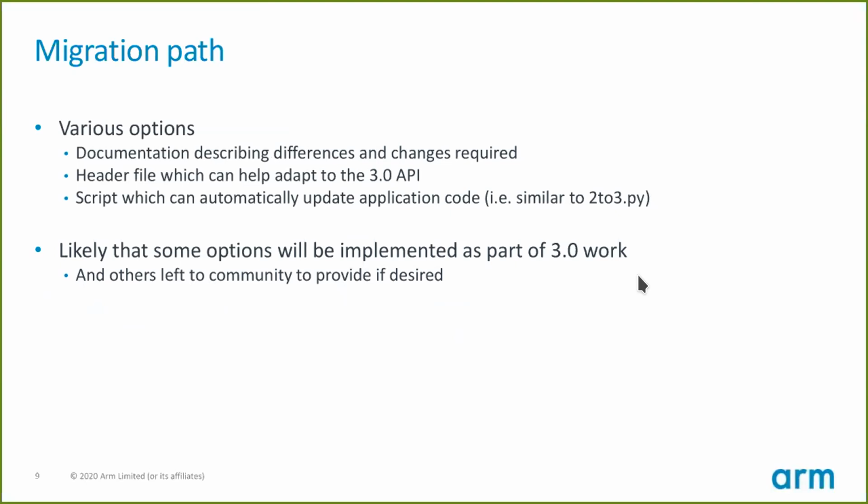Maybe we can write a translation script. Anything better than documentation is likely to rely on somebody outside ARM jumping in and helping. In the current team, I don't think we'll have bandwidth to do more than documentation, but it would be great if people could help us and write at least a partial translator, at least a partial translation layer.